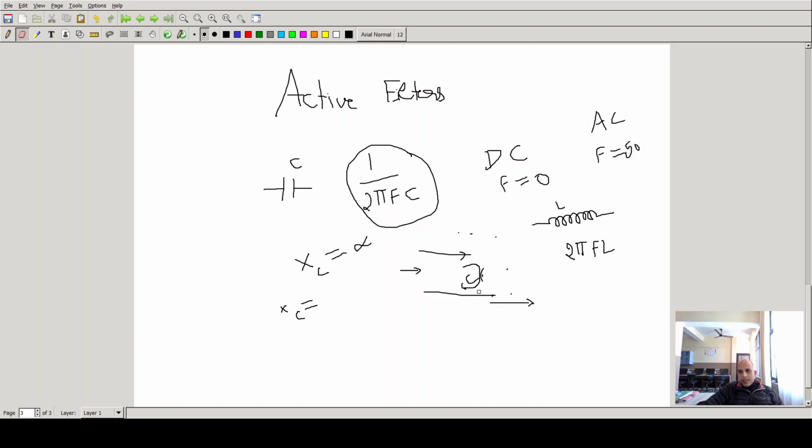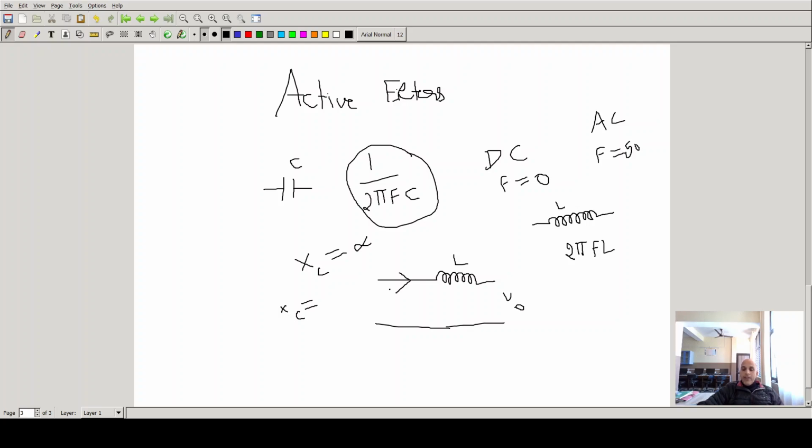Suppose it is connected at the output of the rectifier. Right? Now this is the output of the rectifier. Now let's connect this inductor here. Right? Now what will be the output here?